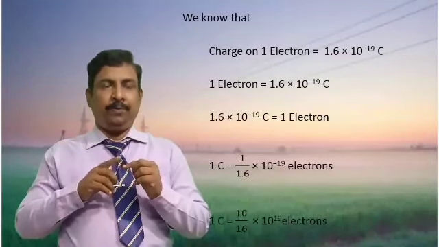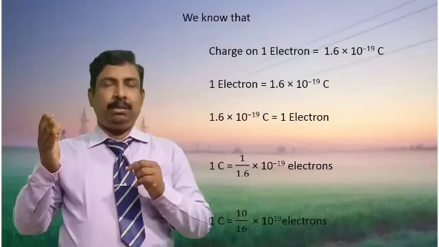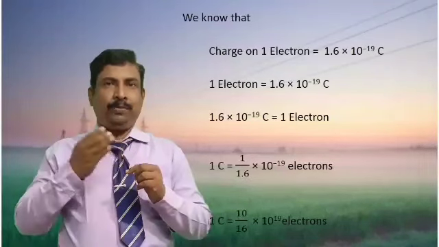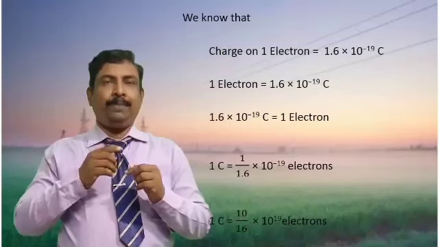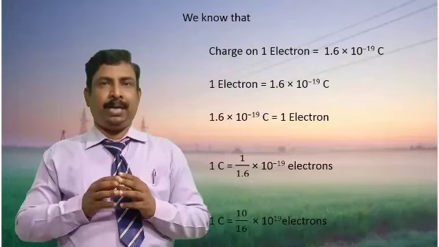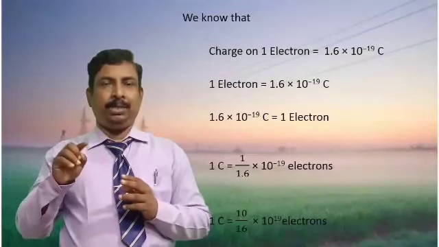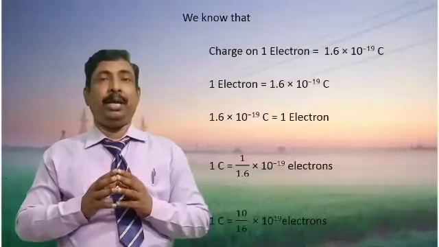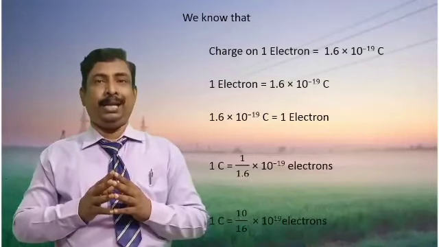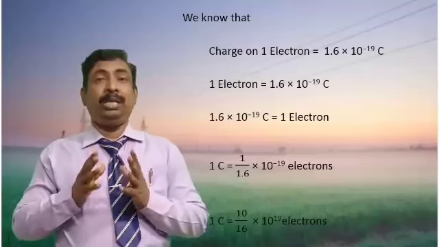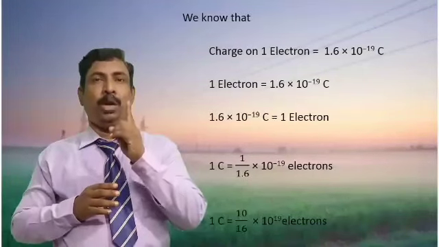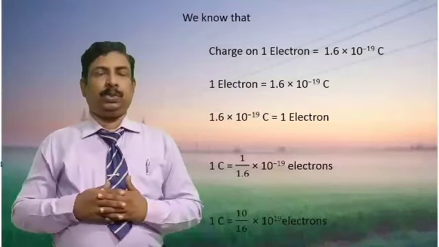If you want to find n, transfer that number to this side, so it becomes the reciprocal: 1 by 1.6 into 10 power minus 19. We get around 6 into 10 power 18 electrons. It means 6 into 10 power 18 electrons contribute 1 coulomb of charge.